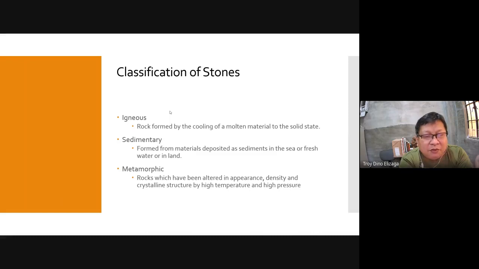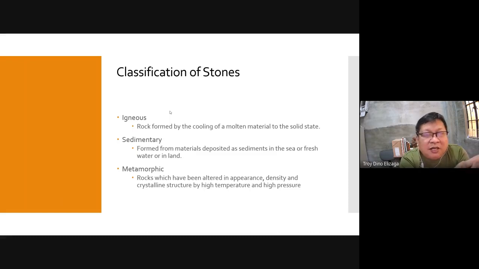We start, for example, with rocks in the form of magma, say in the center of the earth, and then for some reason they are exposed to the surface of the earth, especially through eruption in volcanoes. So this exposed magma, when it cools down, hardens into a rock, and we call that an igneous rock.